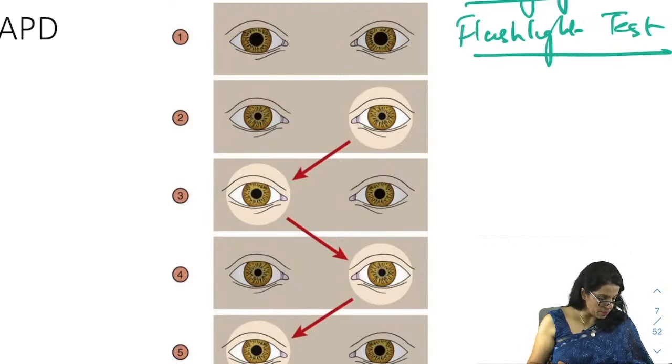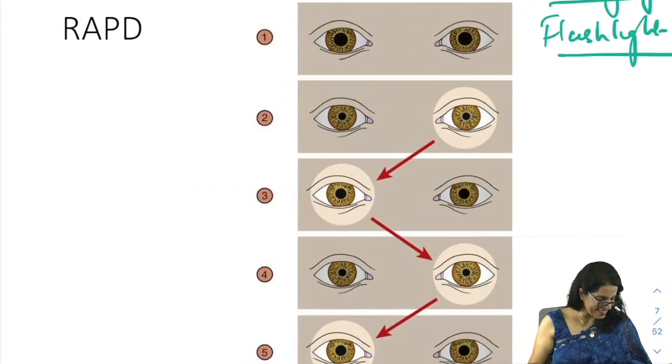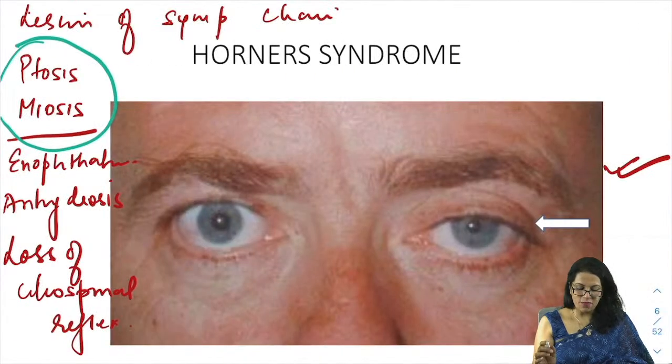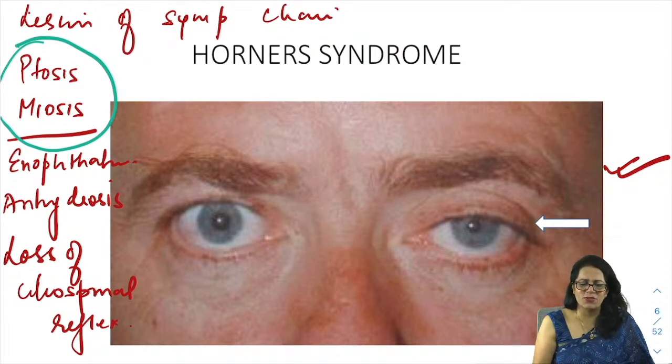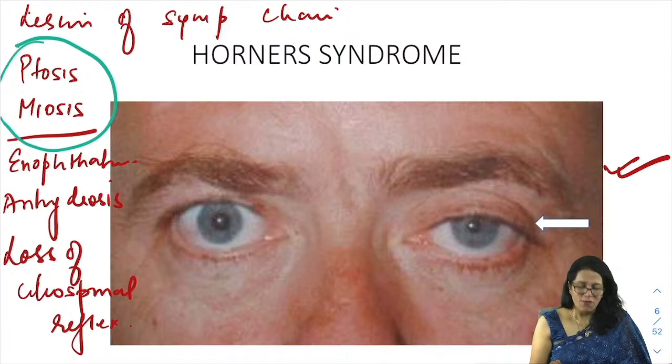Okay, you want me to repeat from Horner's syndrome. Okay, very quick. Here we said that Horner's is nothing but a lesion of the sympathetic chain. You can rewind and see it on YouTube also. The features are ptosis, miosis, enophthalmos, anhidrosis, and loss of ciliospinal reflex.